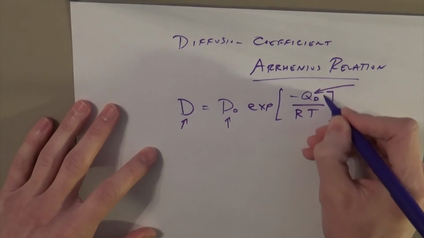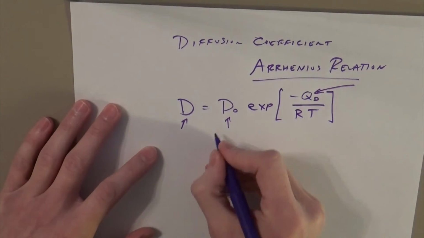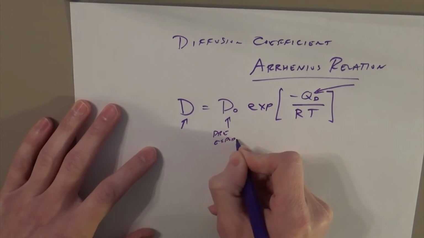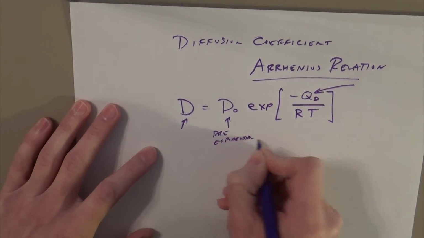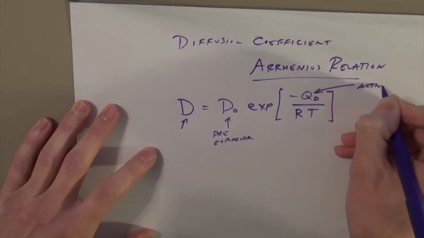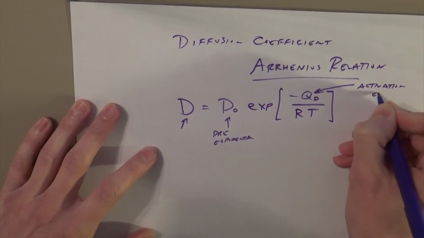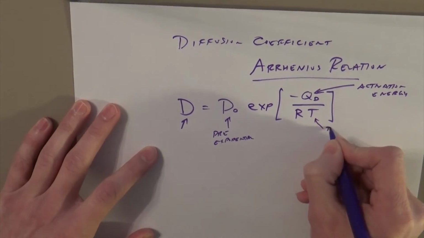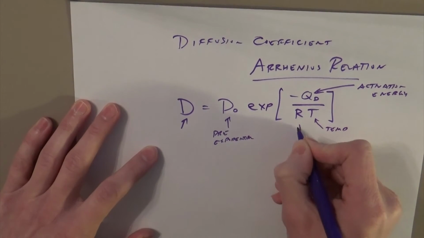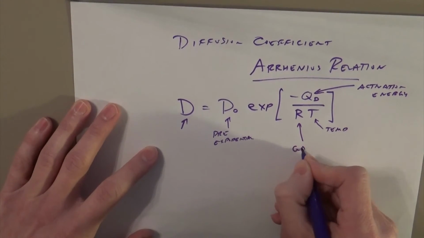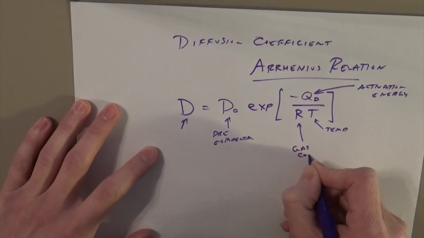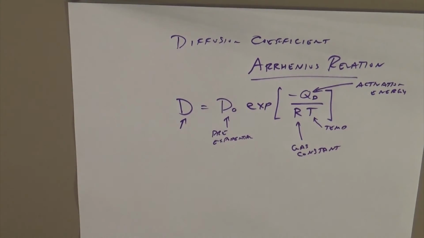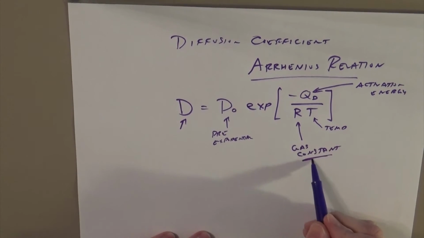This is our activation energy. Temperature. And this is the gas constant. And this looks a lot like what we saw last time, except for the gas constant.